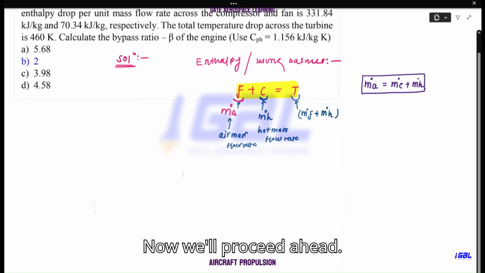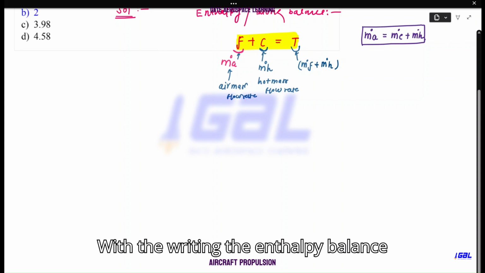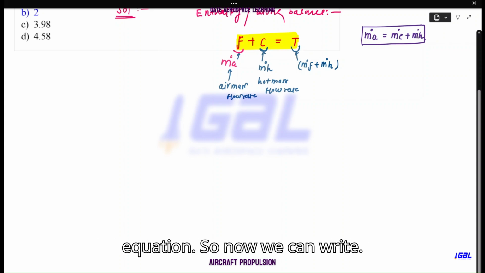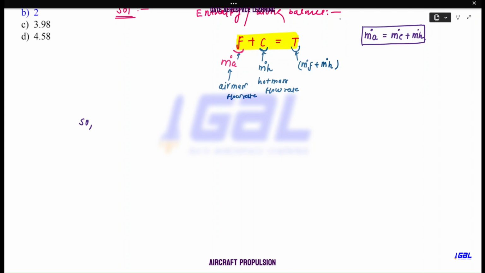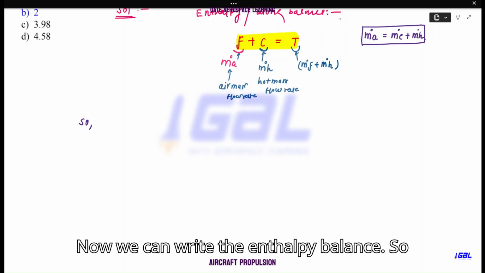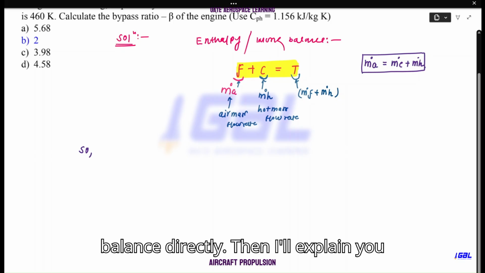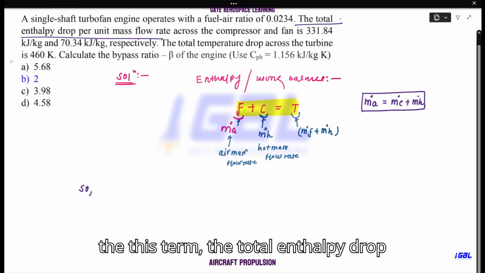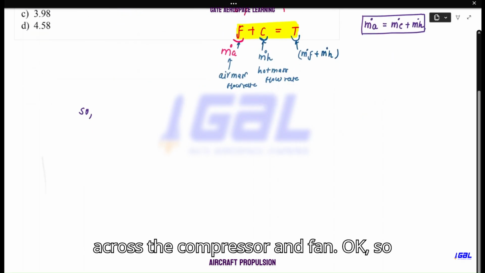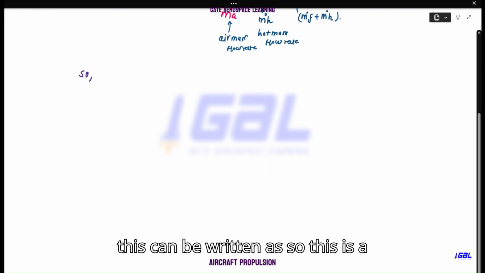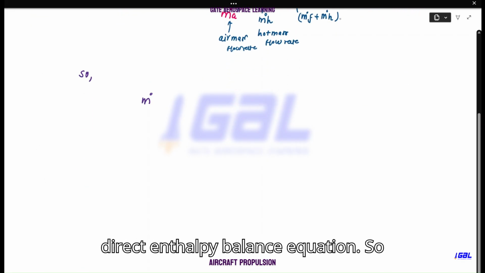Now we'll proceed ahead with writing the enthalpy balance equation. So we'll write the enthalpy balance directly, then I'll explain this term, the total enthalpy drop across the compressor and fan. So this is the direct enthalpy balance equation.